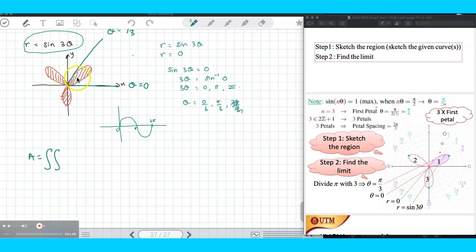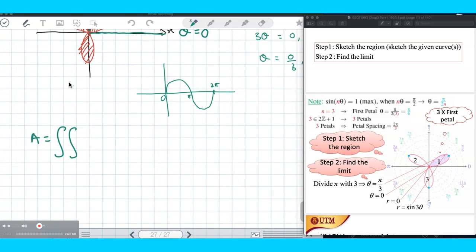But because we know the petals are the same size, we should multiply by 3. So I just put 3 directly. And then the double integral of 1 dA over the region R on the xy plane.